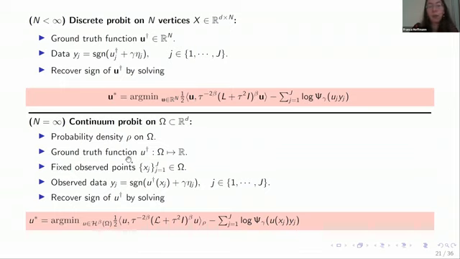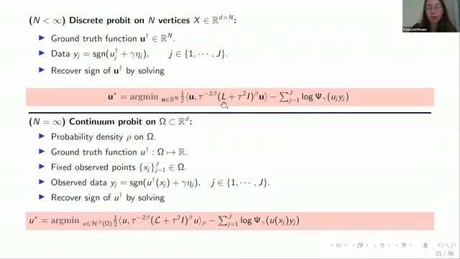And then you have some information on your observed labels, which you assume to have been generated by this kind of inverse problem formulation, which is just a continuum version of what I showed you before on the graph. And now to determine what this classifier is, you're actually learning a function by minimizing over a function space. Here, this data misfit can be formulated exactly in the same way.